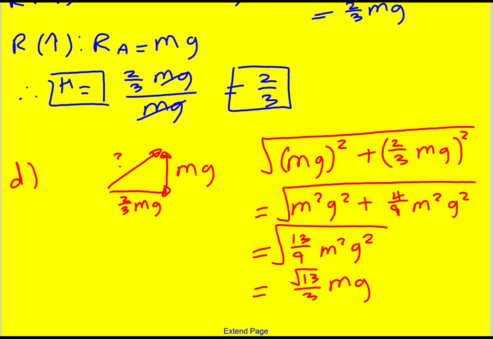Just square root them separately. So that's the contact force, or the resultant of the reaction and the friction.